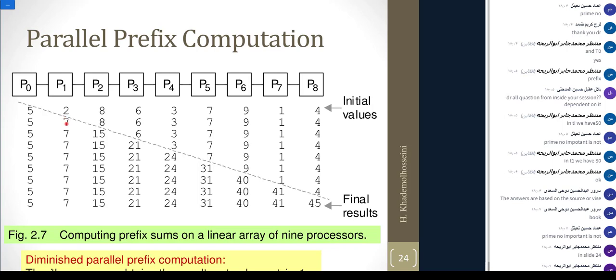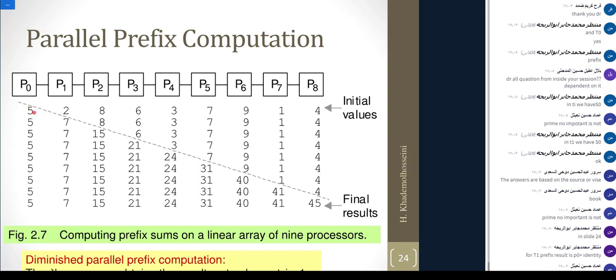It is 5 plus 2. And in the first step, 5 is obtained from 5 plus 0.